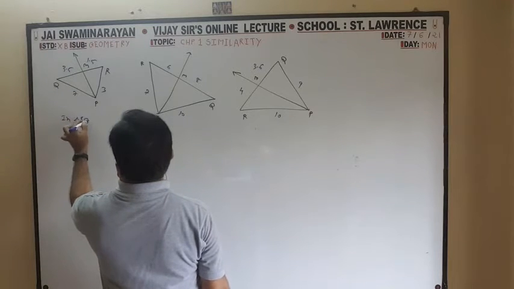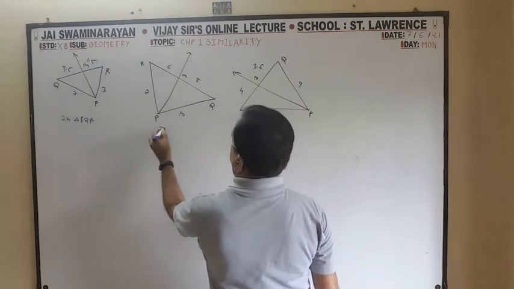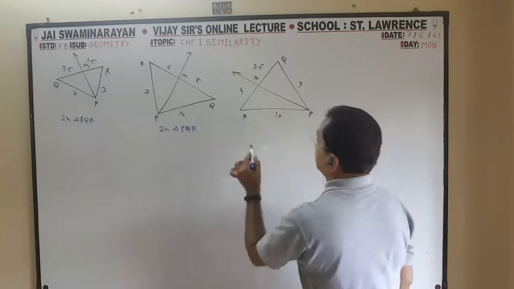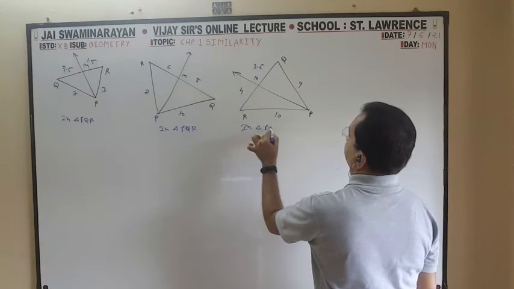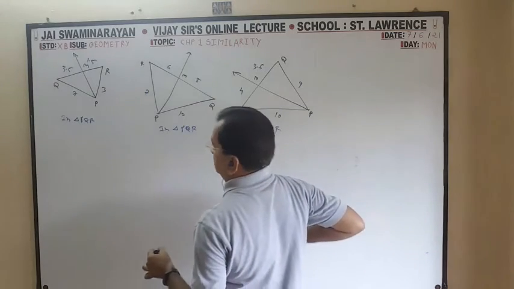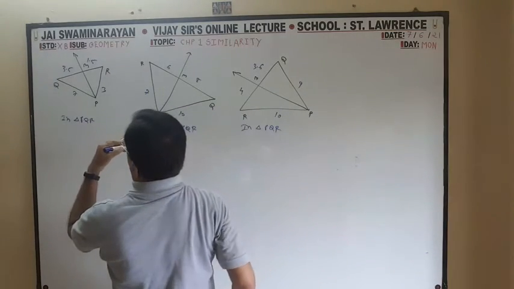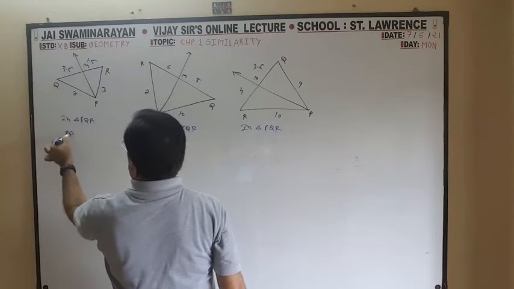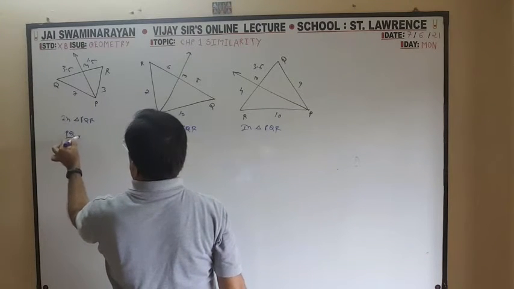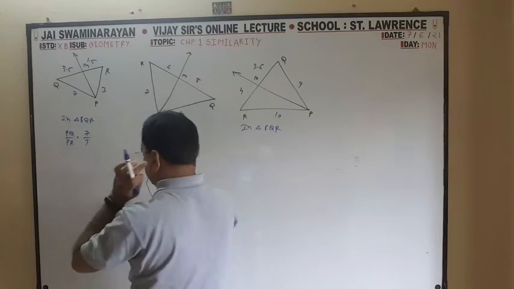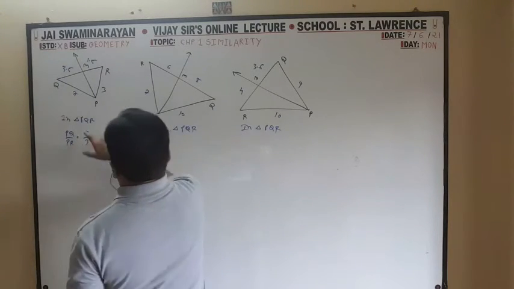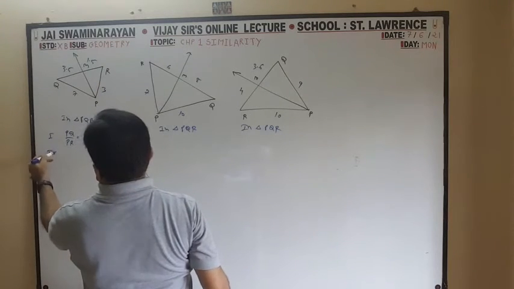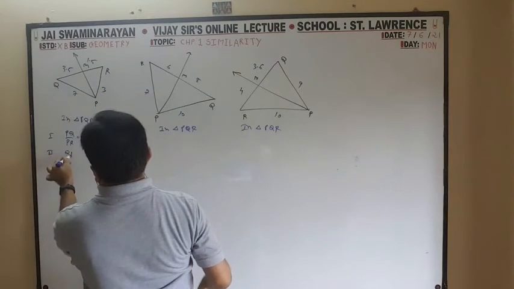In triangle PQR, PQ by PR is 7 by 3. Left by right, first, second, again left by right.